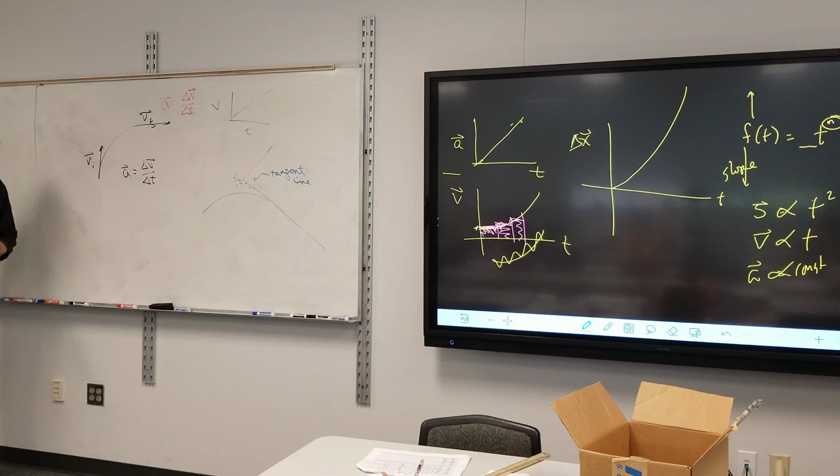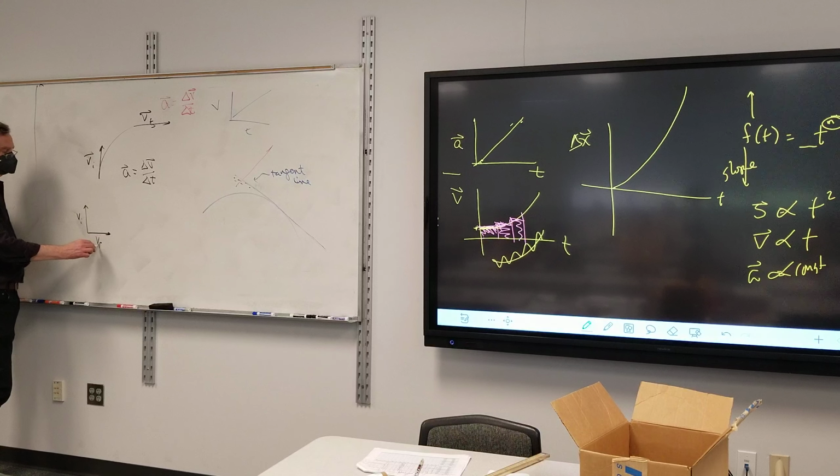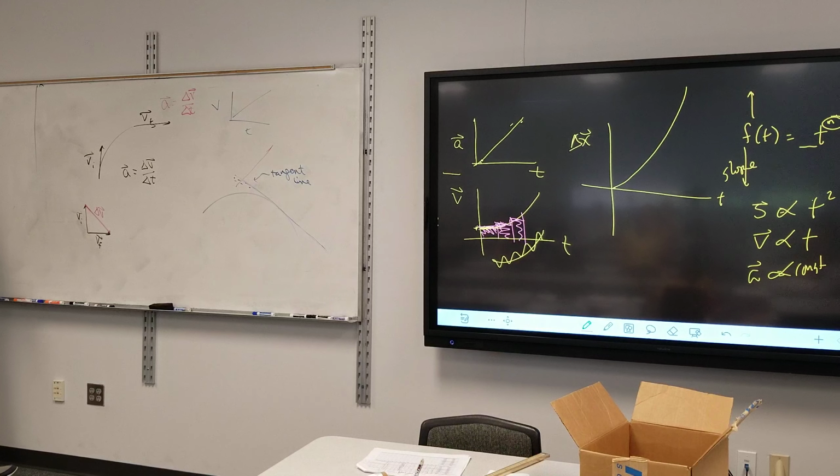My change in velocity is just the difference between those two. I've got VI going this way, and VF going that way. My change in velocity is a vector. That's my change in velocity right there. So if I'm changing direction, my change in velocity is not zero, therefore my acceleration is not zero.